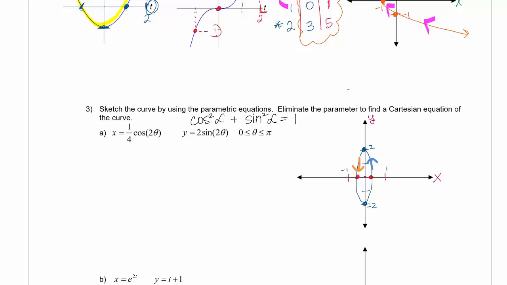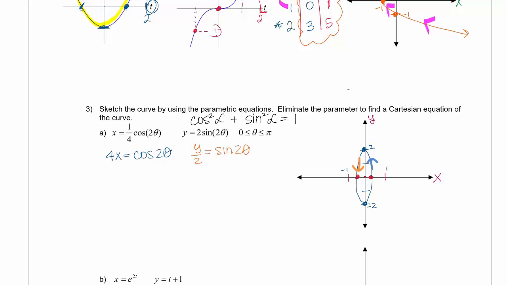So, okay, I'm going to solve this, multiply both sides by 4 for cosine 2 theta in this example. And I'll solve the y equation. I'll divide both sides by 2 to solve that for sine 2 theta.